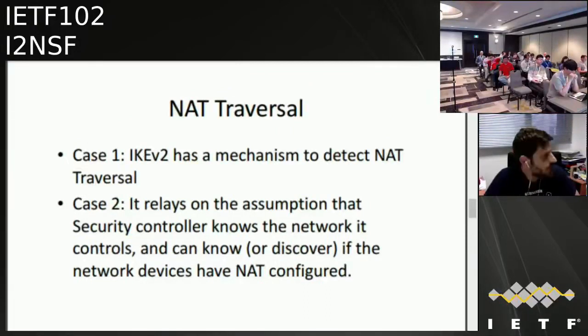In case 2, it relies on the assumption that the security controller knows the network it controls and can discover where the network devices are NATed. Based on that, the security controller needs to establish, for example, ESP over UDP or ESP over TCP, etc. And we have that information in the YANG model. Next one.